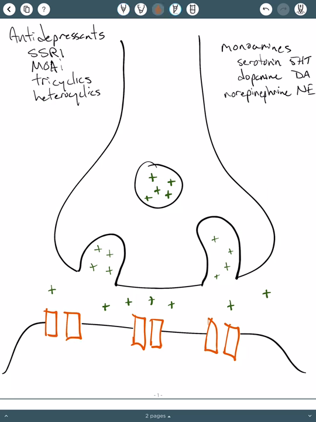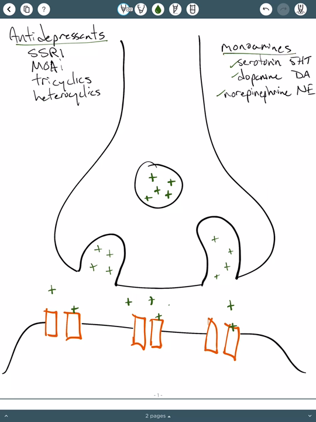Whether this is an excitatory or an inhibitory effect depends on the type of receptor expressed postsynaptically. But we're going to talk about what antidepressants do in these monoamine synapses.